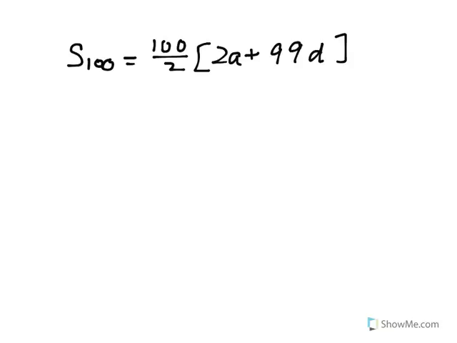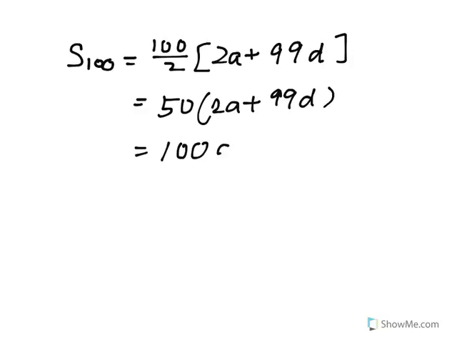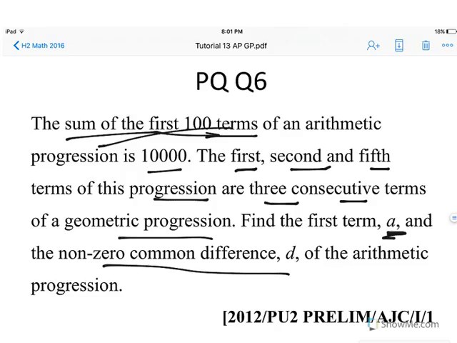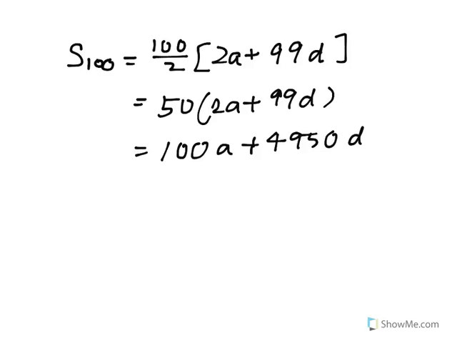So let's simplify this. We have 50 times (2a plus 99d), which is the same as 100a plus 99 times 50, which is 4950. And we know from earlier that this equals 10,000.